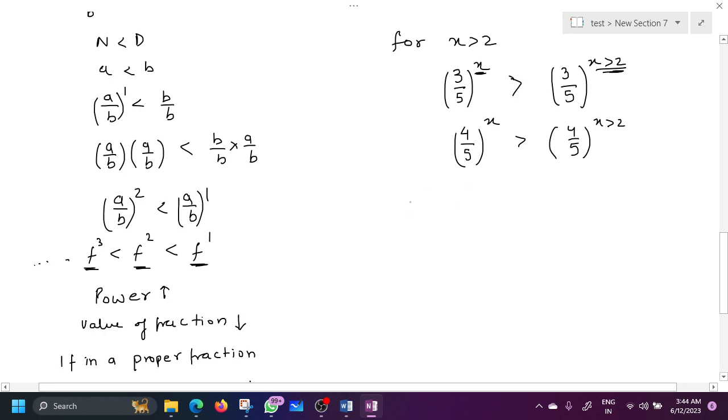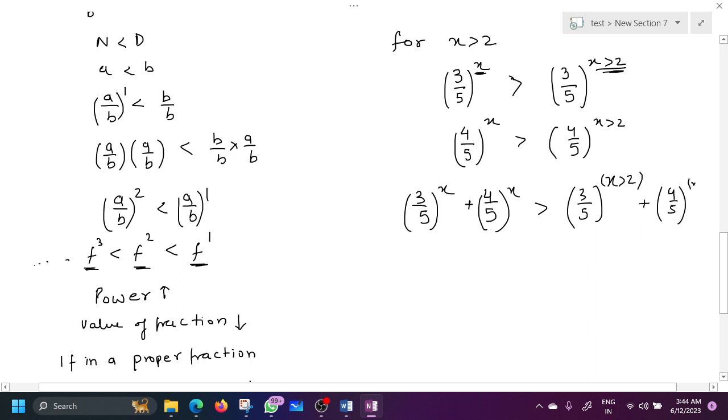So if we add them, we get 3 by 5 power x plus 4 by 5 power x, which is always less than 3 by 5 power 2 plus 4 by 5 power 2, and this quantity is 1.